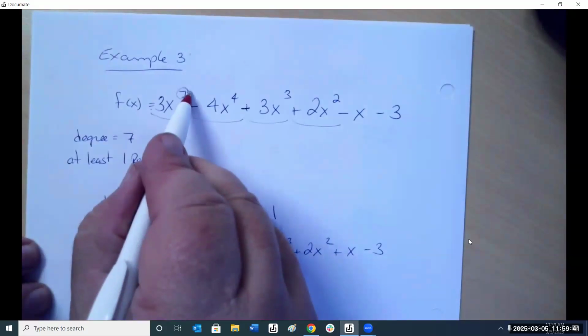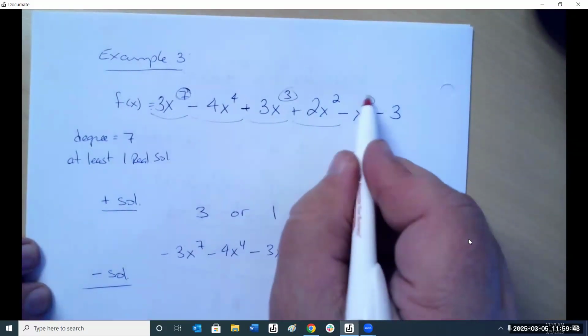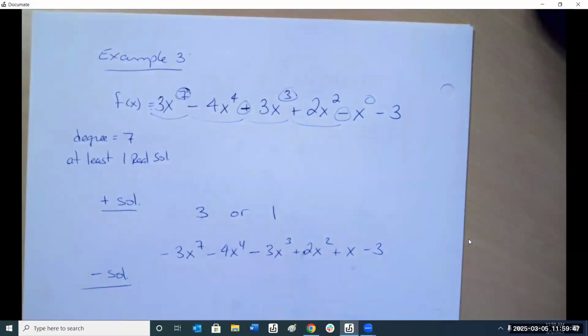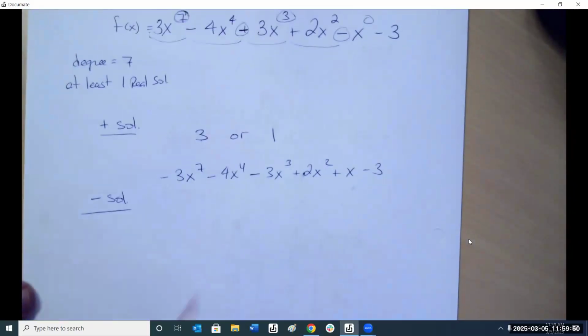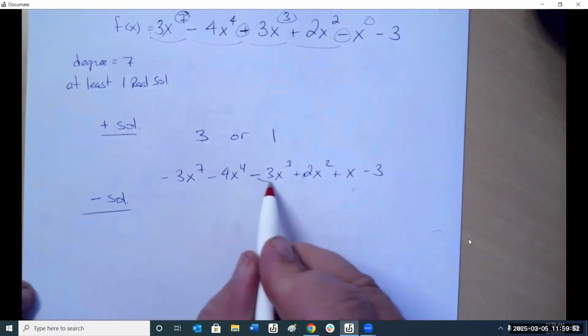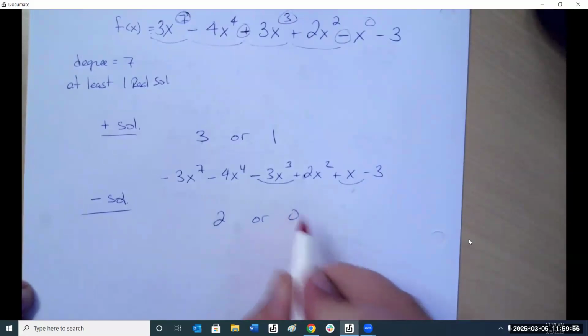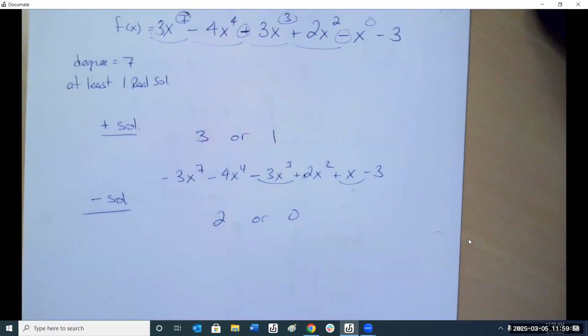Only the odd exponents change the coefficients, because when I put a negative in there, it changes the sign. We have 2 sign changes, so 2 or 0 negative solutions.